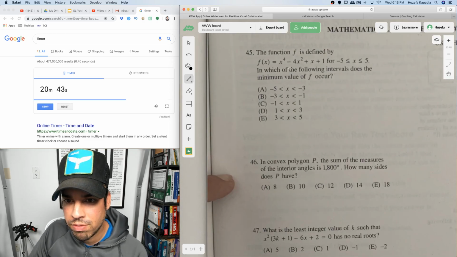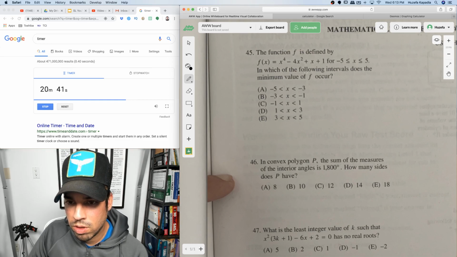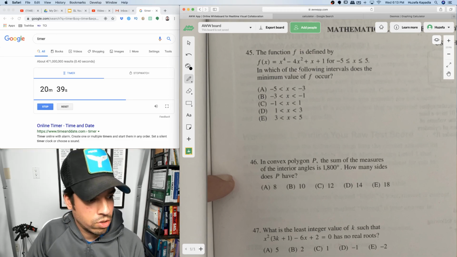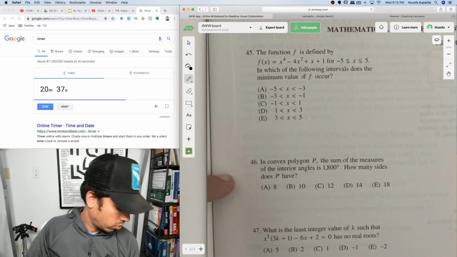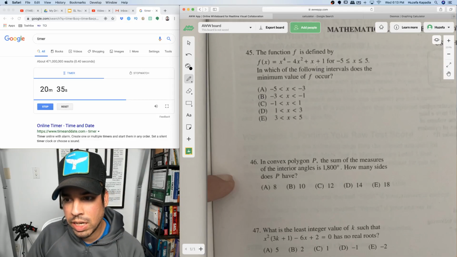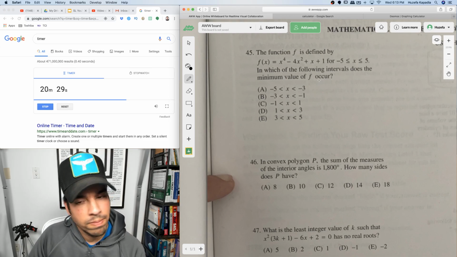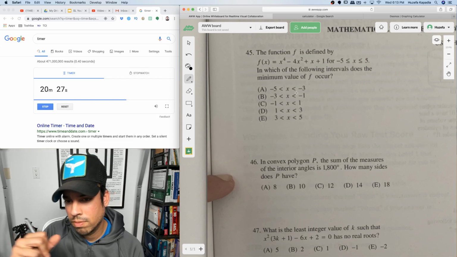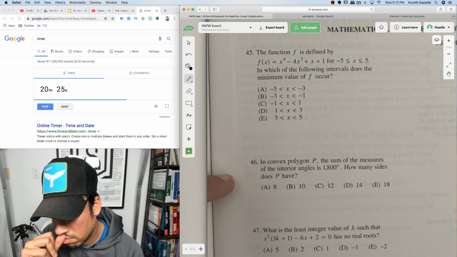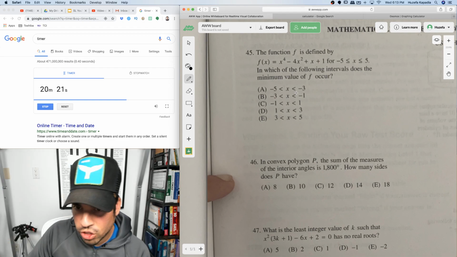Function f is defined by blank. For which of the following intervals does the minimum of f occur? I should just graph this.